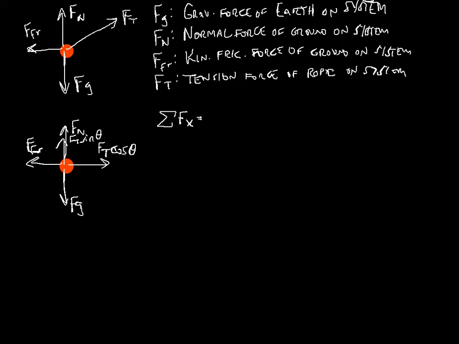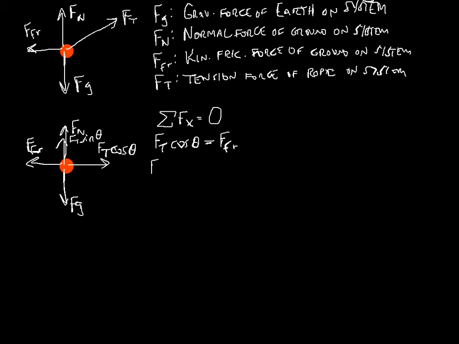So since the sled is not accelerating, the sum of the forces is going to equal 0. And remember, whenever the sum of the forces is equal to 0, you can set the ones on the right equal to the ones on the left. So we can just say that Ft cosine of theta is equal to Fr.